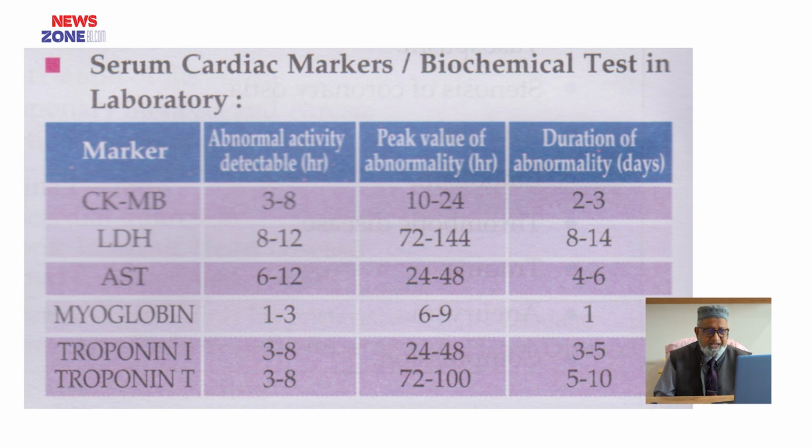Others such as LDH, AST and myoglobin can also be assessed in the diagnosis of myocardial infarction. So, our main important markers are troponin I and CKMB. Why? They are the earliest markers to appear in the blood and the peak value lasts 24 to 48 hours.